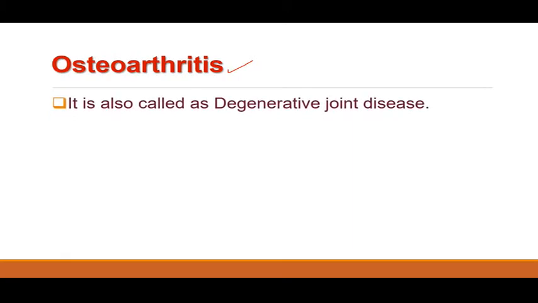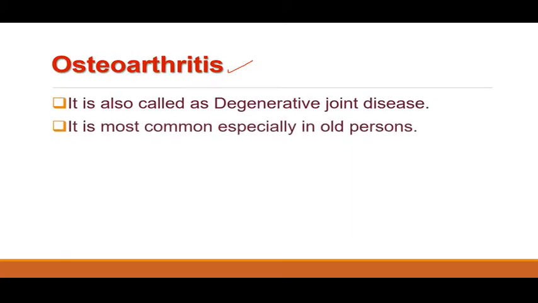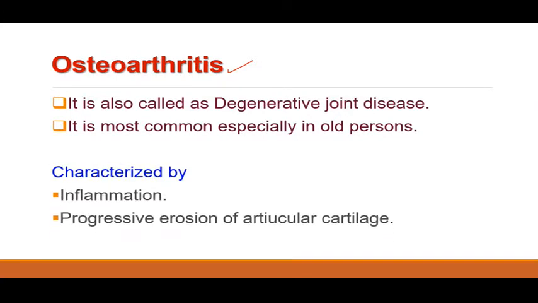Osteoarthritis is the most common type of arthritis leading to disabling conditions, especially in old persons of developing countries. It is characterized by inflammation and progressive erosion of articular cartilage present at the ends of the bones at the synovial joints.